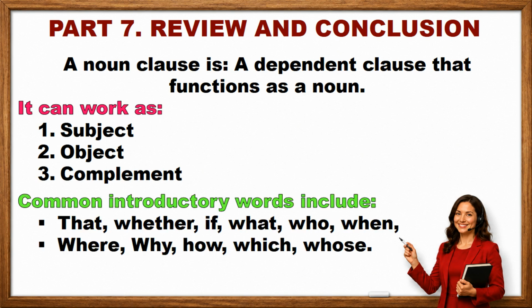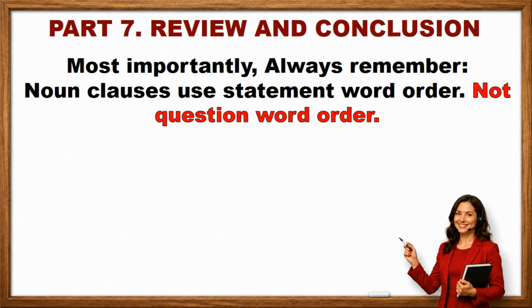Common introductory words include that, whether, if, what, who, when, where, why, how, which, and whose. Most importantly, always remember, noun clauses use statement word order, not question word order.